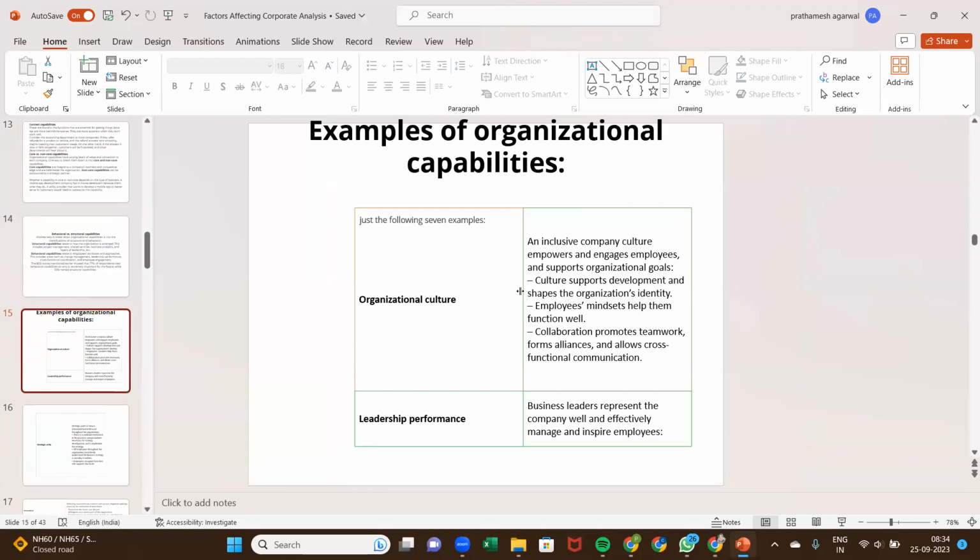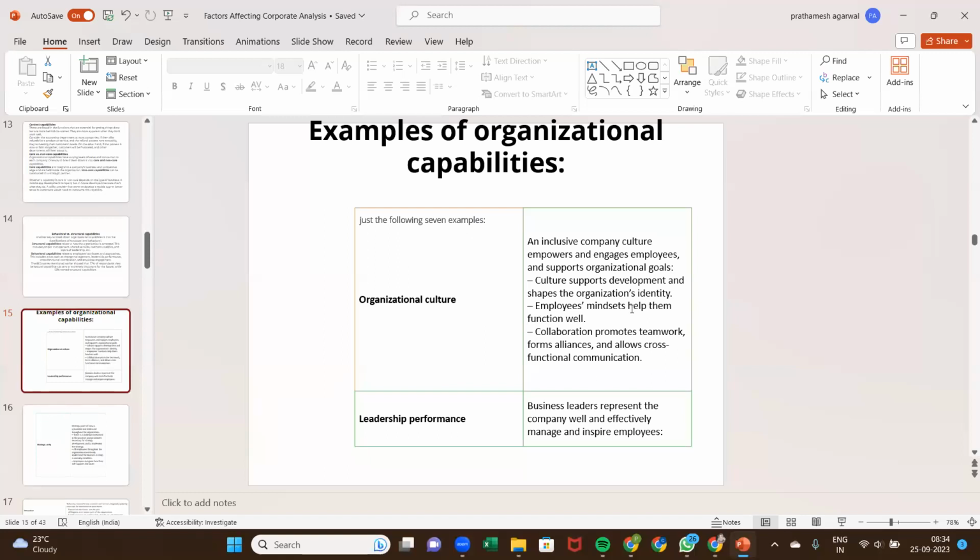Now let's see examples. All right. Organizational culture. An inclusive company culture empowers and engages employees and supports organizational goals. Culture supports development and shapes the organization's identity.